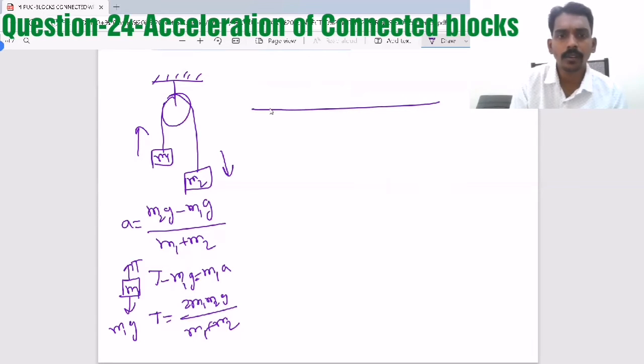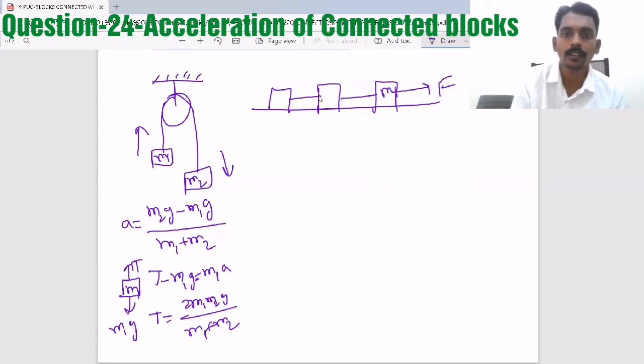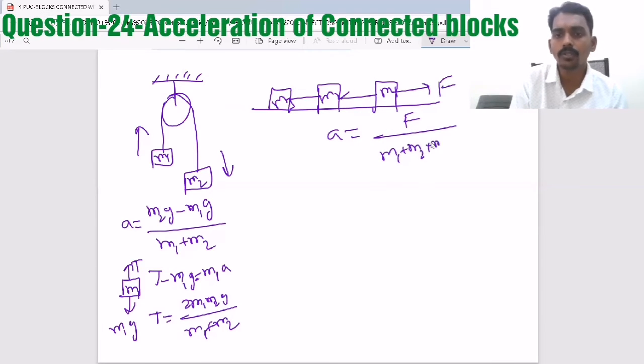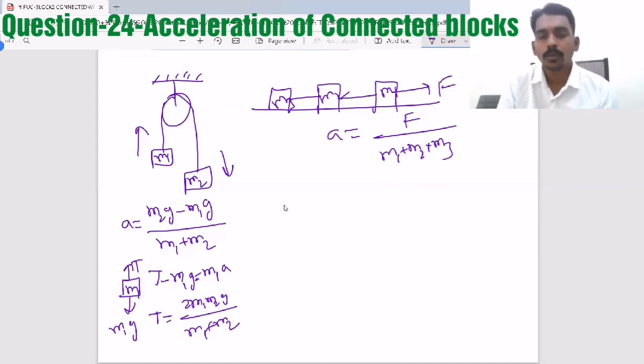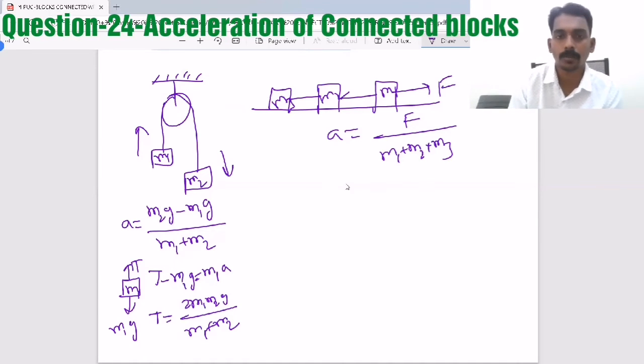Now, another thing, in case of horizontal connection, where a force is applied, let's take M1, M2 and M3. Now the acceleration is total pulling force by total mass. There is no opposing force here because we are not considering friction. The surface is smooth. We will discuss the friction case later.